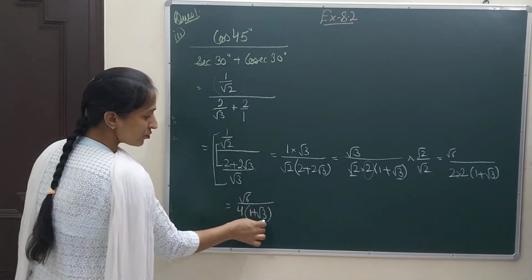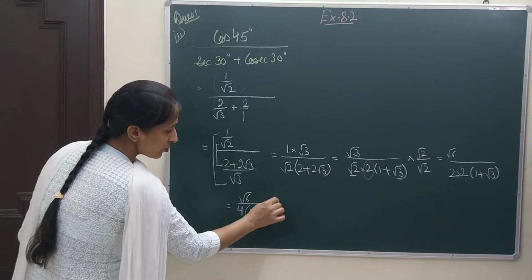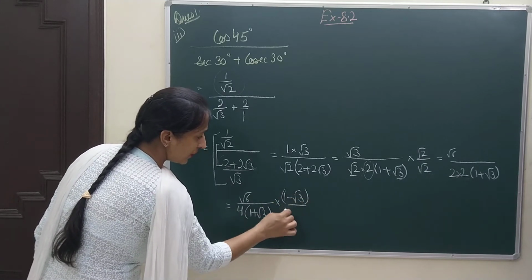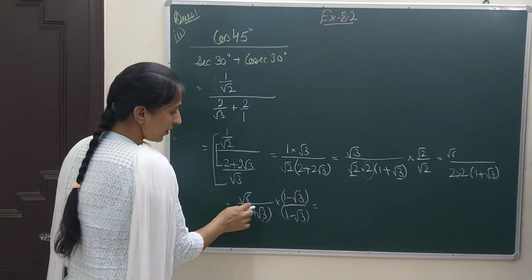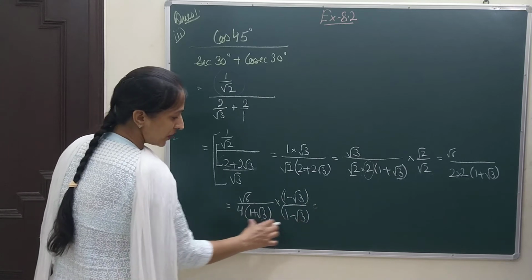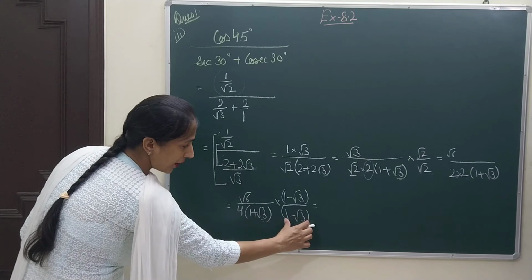Now my next work is to remove this root 3. So what I will do, I will rationalize. For that I will write 1 minus root 3 in the numerator and in the denominator. When I have written this, what will it become? This root 6 will be multiplied with both these terms, and these two terms will be multiplied together. And if you see, it is an (a plus b)(a minus b) term.